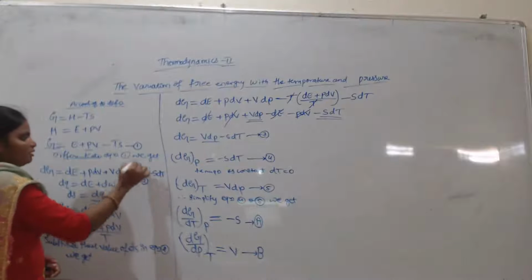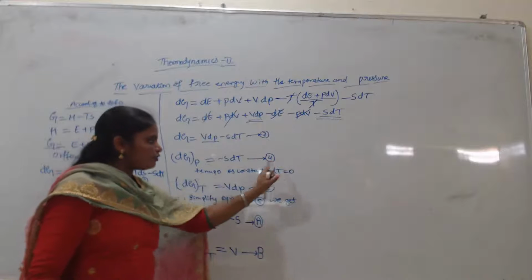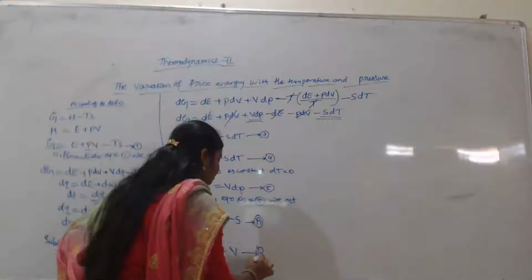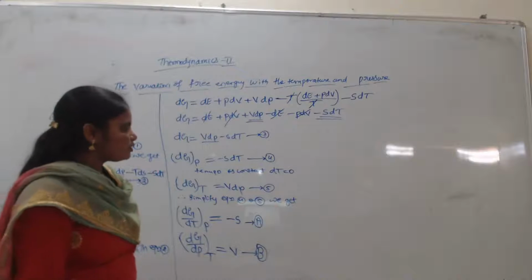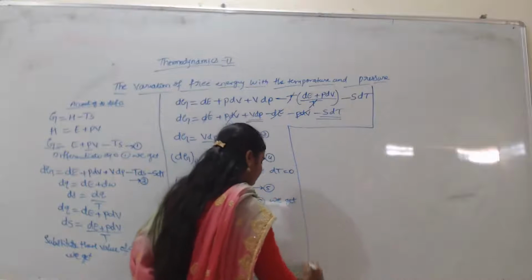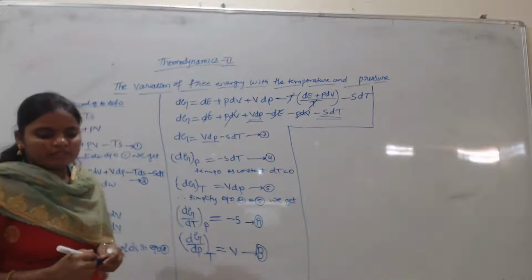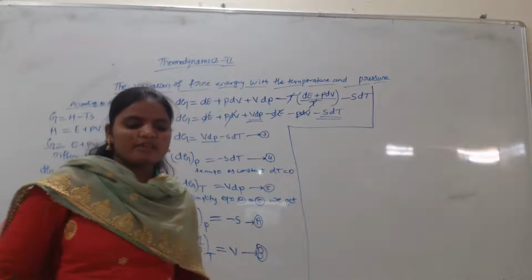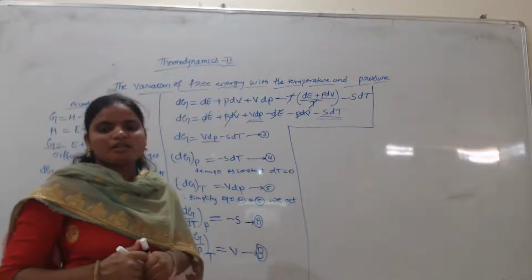So equations A and B give the variation of free energy with respect to temperature and pressure.